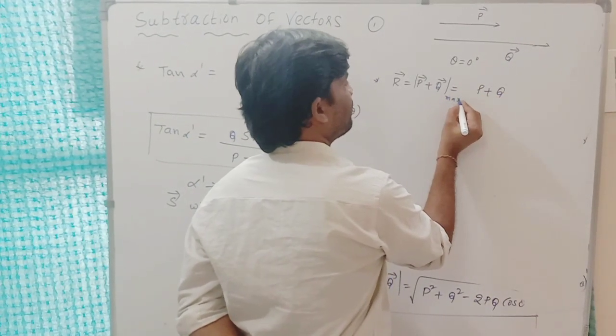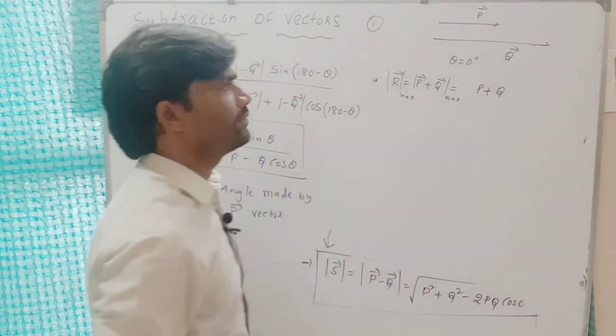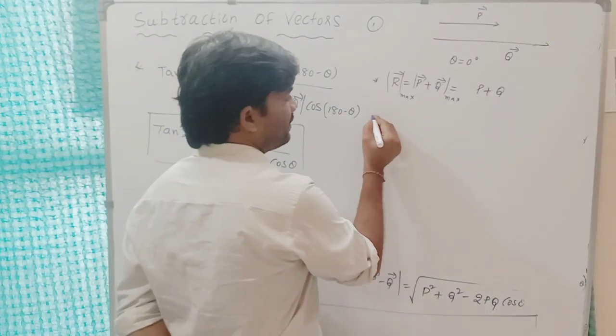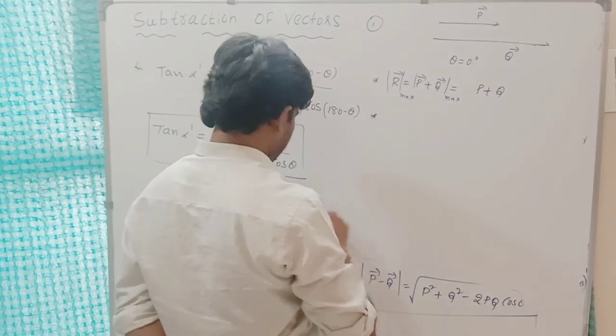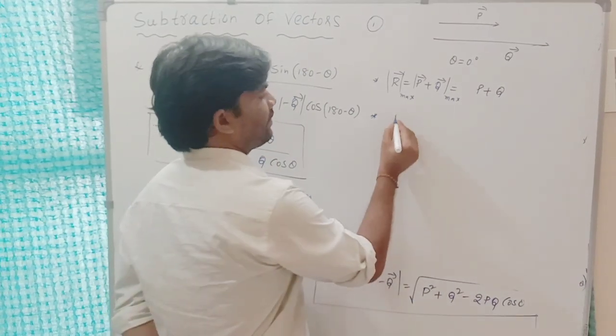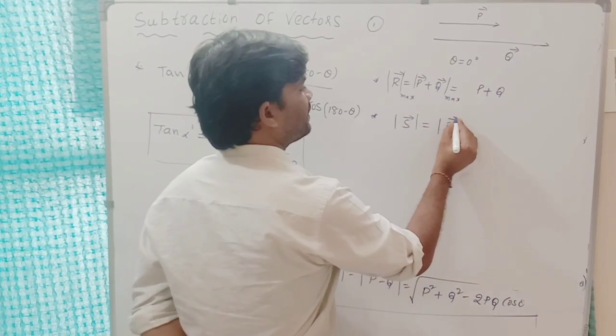You will get the maximum. That resultant is maximum when two vectors are parallel. But in this case, the magnitude of the difference of two vectors, the S value I want, the magnitude of this is equal to what?